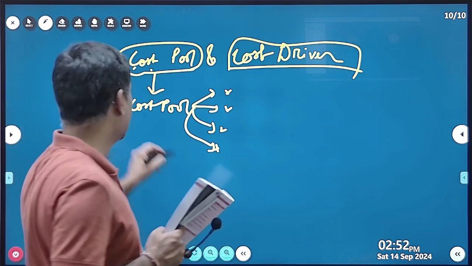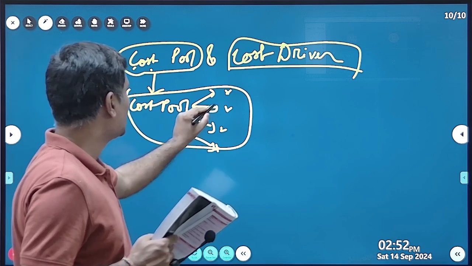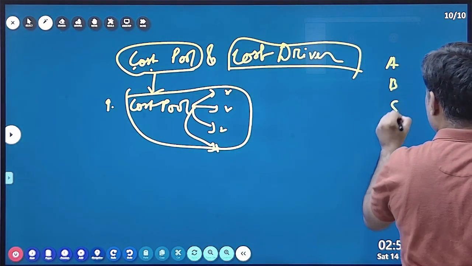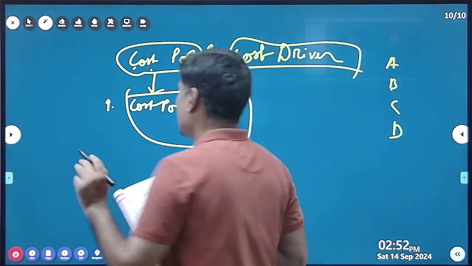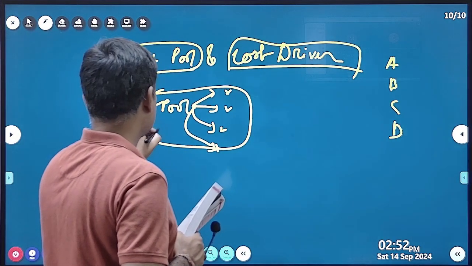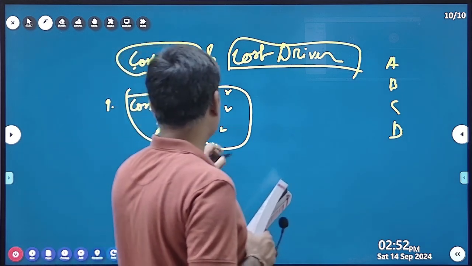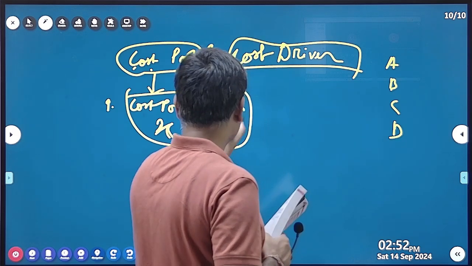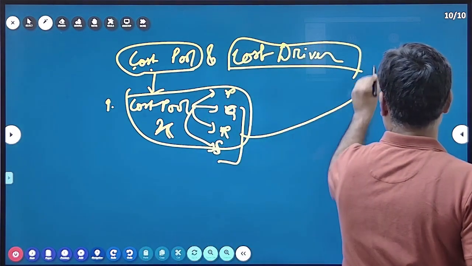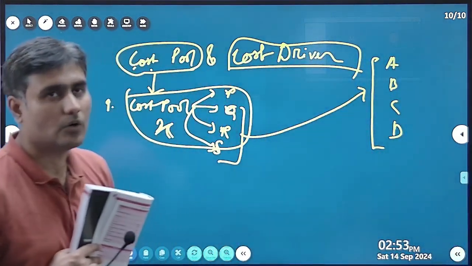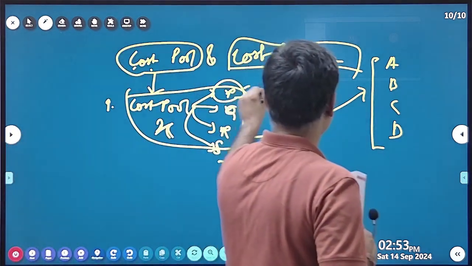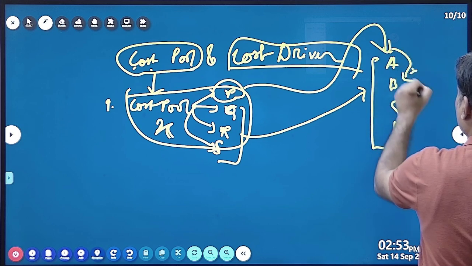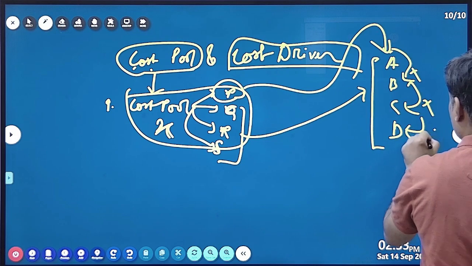So if we make an entire department as a cost pool, say the products manufactured by the company are A, B, C, D. So a department, say X, this X department performs services P, Q, R, S. Now Q, R, S are the services which are common for A, B, C and D. Okay, but the service P is only applicable for A. This P service is not used for B, not used for C, or not used for D.